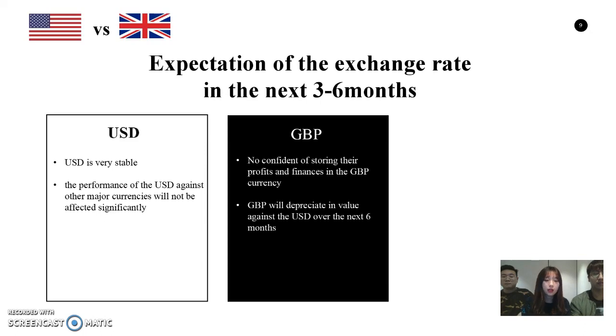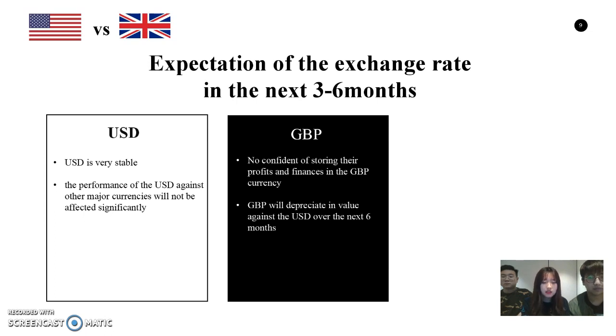The economic implication of Britain exiting the European Union for the United Kingdom was still unclear. As a result, traders have not been confident about storing their profit and finance in the GBP currency because it is still unstable in the short term.